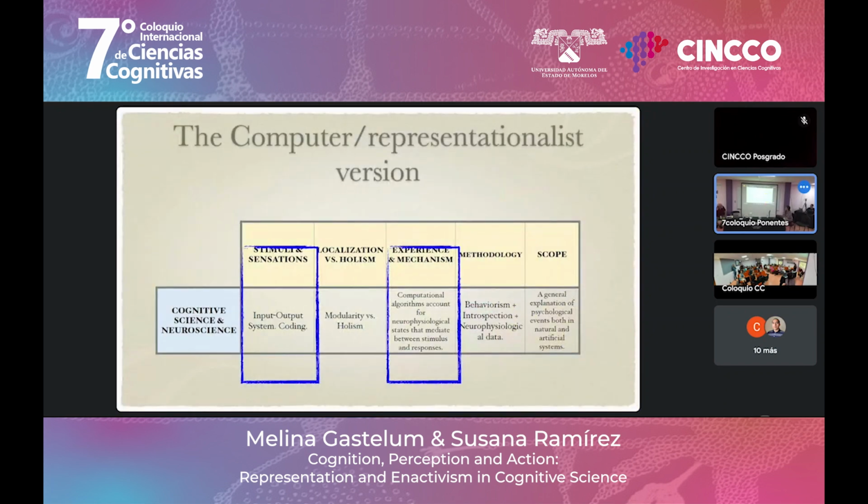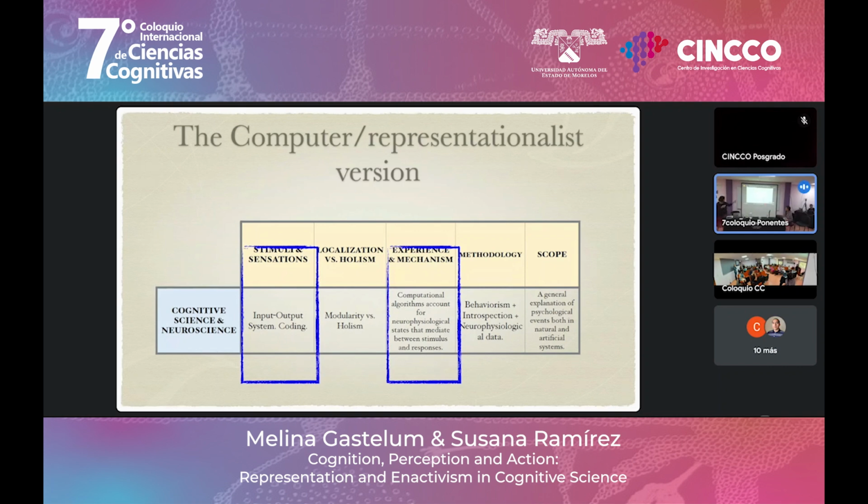In this view, we have many things that we can analyze: how cognitive science and neuroscience tackle stimuli, localization versus holism, experiences and mechanisms, methodology and scope. I'm not going to go into all of those. The important part is that stimuli and sensations are looked at as an input-output system, a way of coding the input-output sense data.